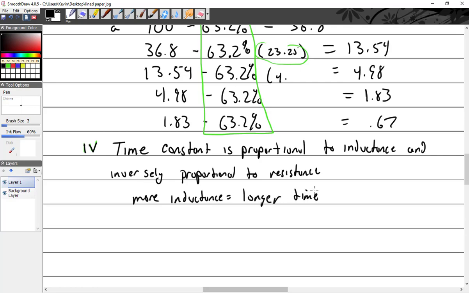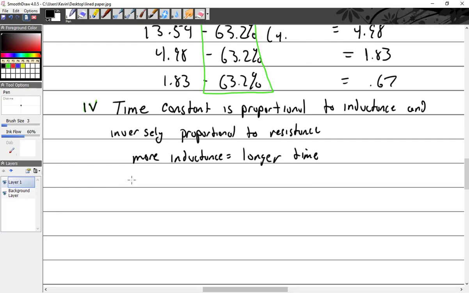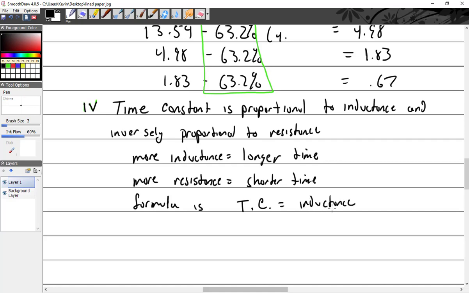Still takes 5 of them, but each one of them is longer. More resistance equals shorter time. The formula, which you don't need to remember, is time constant equals inductance divided by resistance.